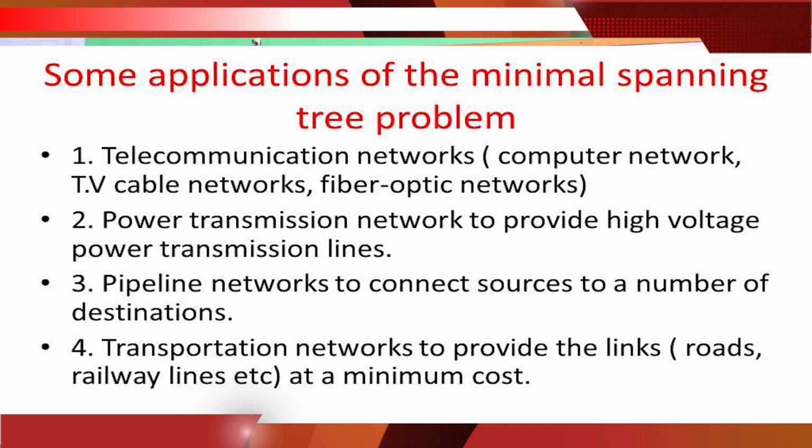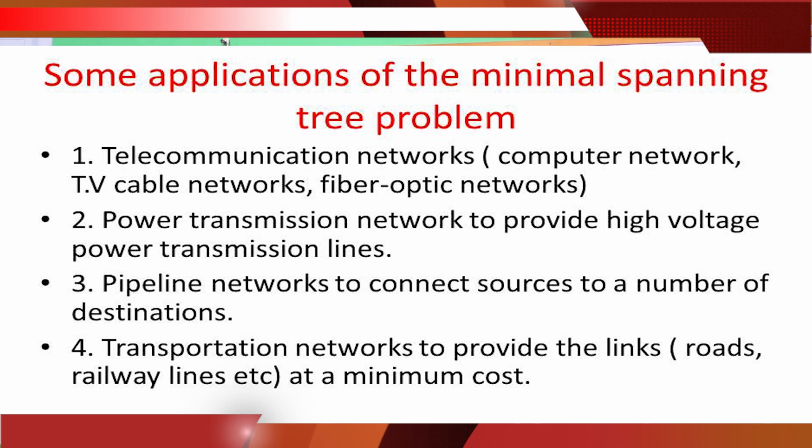Number two, power transmission network to provide high voltage power transmission lines. Power transmission network is also a very, very important network. Then number three, pipeline networks to connect sources to a number of destinations.